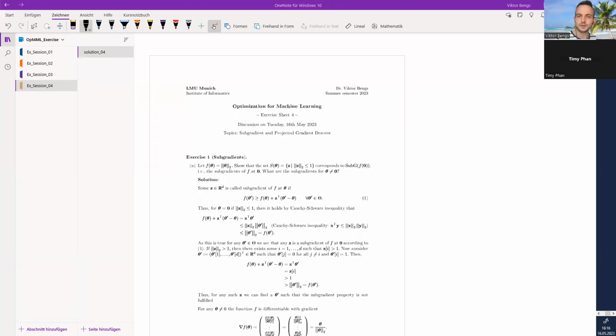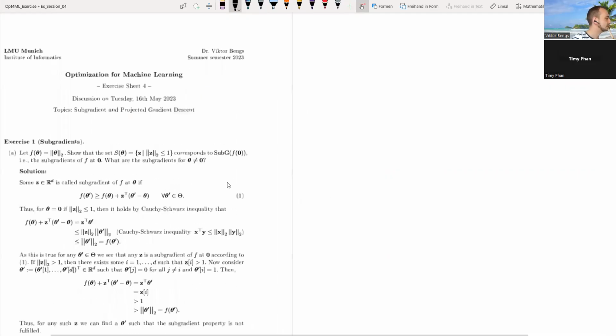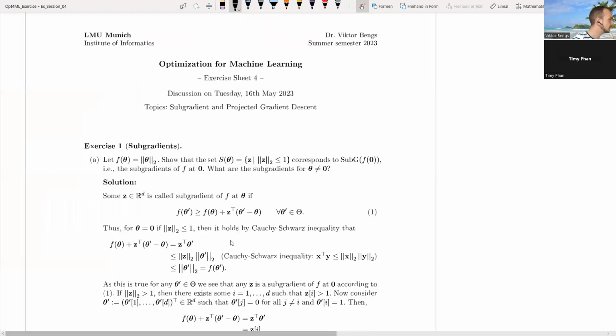So, hi and welcome everyone to our fourth exercise course, where we will talk about exercise sheet number 4, which is about the topic subgradient and projected gradient descent. We still have one exercise left from the previous exercise sheet, namely the practical exercise.